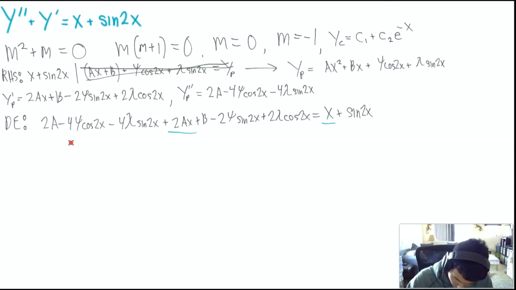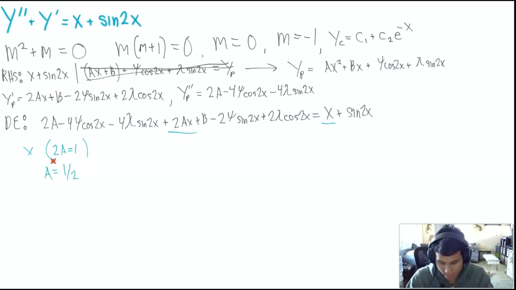So it's just 2a is equal to 1, right? Because there's a, like that. That's the way you can think about it. Okay, well this is really nice, because you can see that a is just equal to 1/2. Okay, now let's do another underline here.